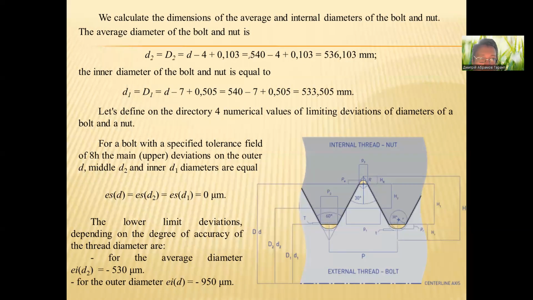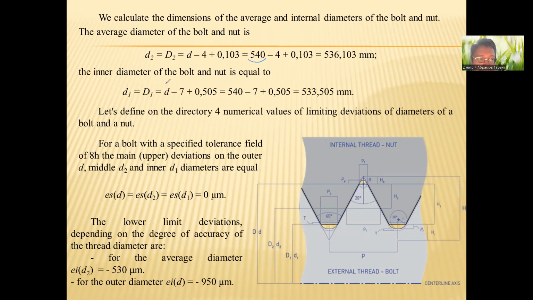So, outer diameter 540 minus 4 plus 0.103, and we have 536.103 millimeters.